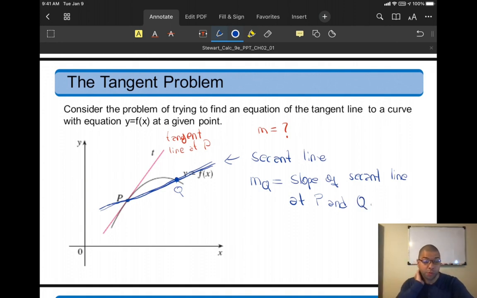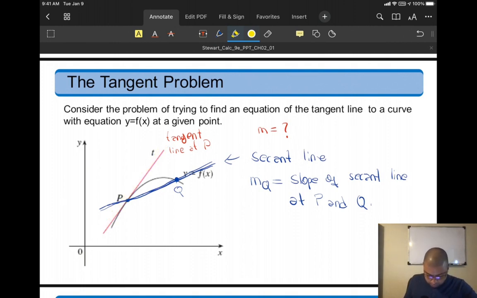It's determined by these 2 points. Any 2 points determine a line, so you can find a point-slope or any other type of equation for that line. So we know the equation of that line. We know that slope. But what does that have to do with the red one, which is what I want?